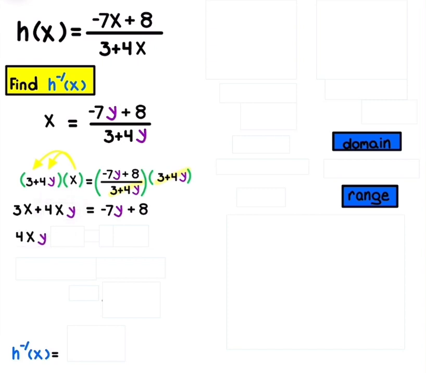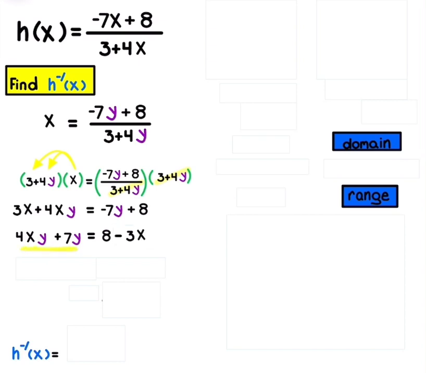We already have 4xy on the left, so let's move the negative 7y over by adding 7y. We already have 8 on the right, so let's move the 3x over by subtracting 3x.